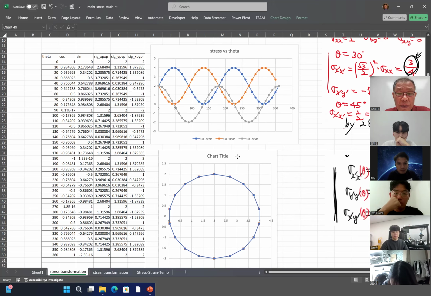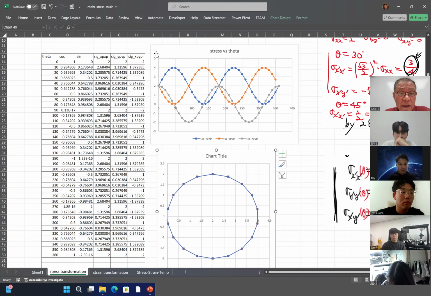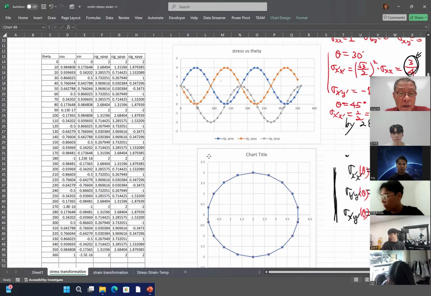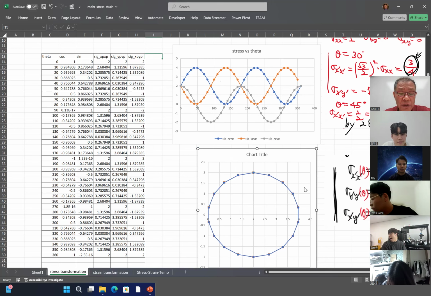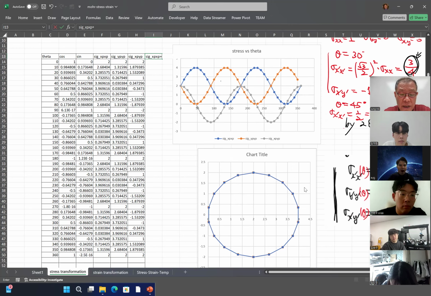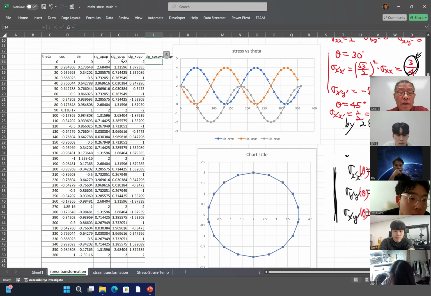And now, very importantly, as in the homework, what we were trying to observe was sigma x prime plus sigma y prime.